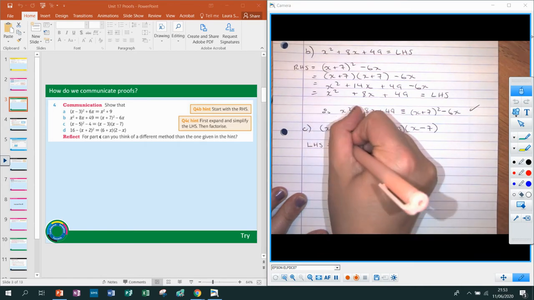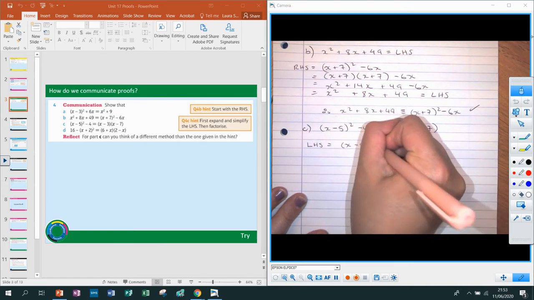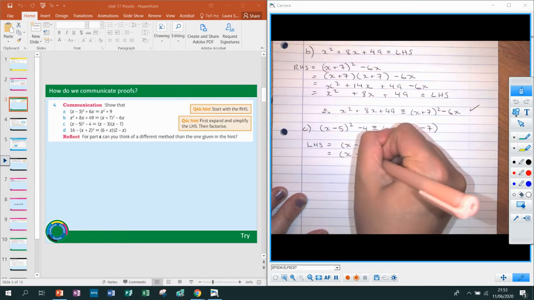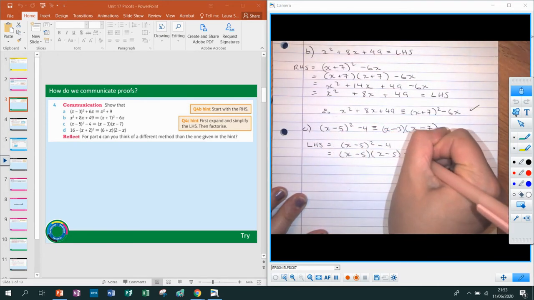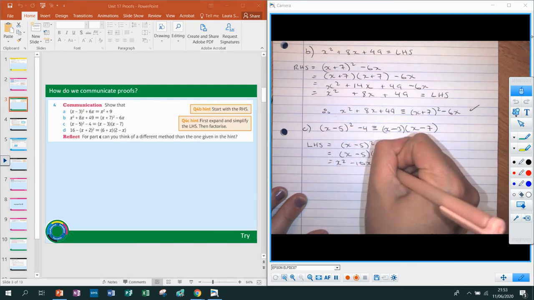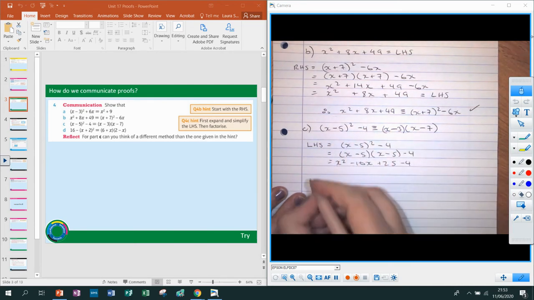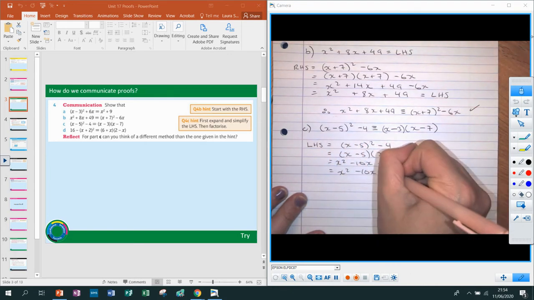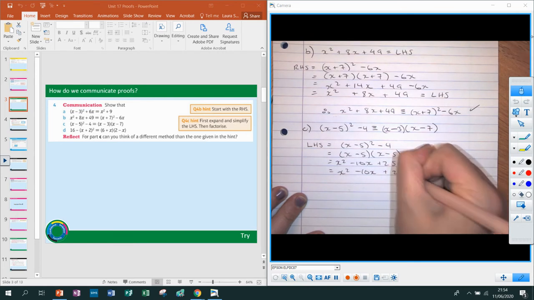Okay, so the left-hand side is equal to x minus 5 squared minus 4. That is equal to x minus 5 times x minus 5 minus 4, which is x squared minus 10x plus 25 minus 4, which gives us x squared minus 10x and then plus 21.